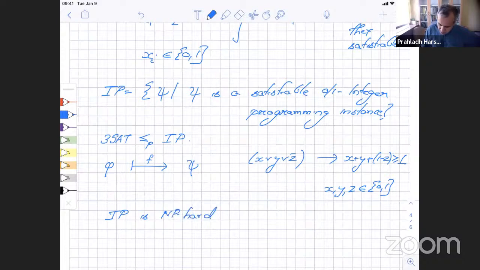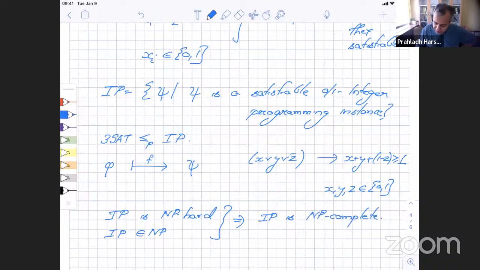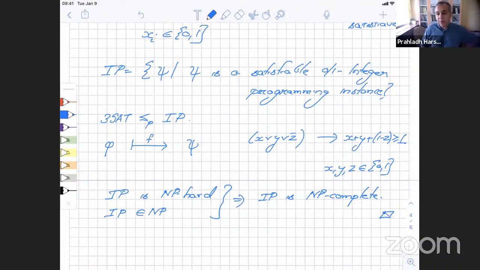This is a bad acronym, IP, but we'll see why it's a bad acronym 10 lectures from now. This is a simple example to illustrate the power of 3-SAT, being such a simple problem which is NP complete. Now you've managed to show IP is NP complete.